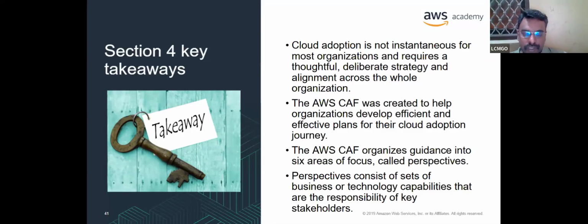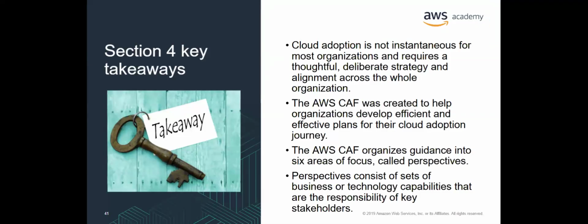Coming to the end of this section. Yes, Sheikh Mohammed, can you just read it? Cloud adoption is not instantaneous for most organizations and requires a thoughtful, deliberate strategy and alignment across the whole organization.